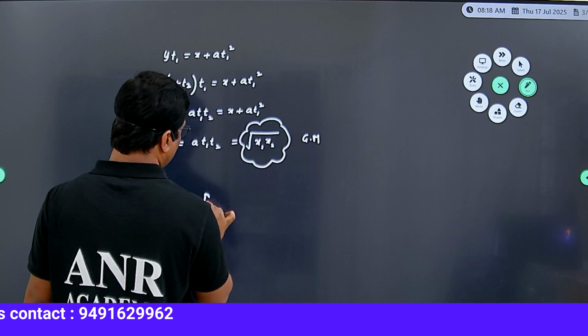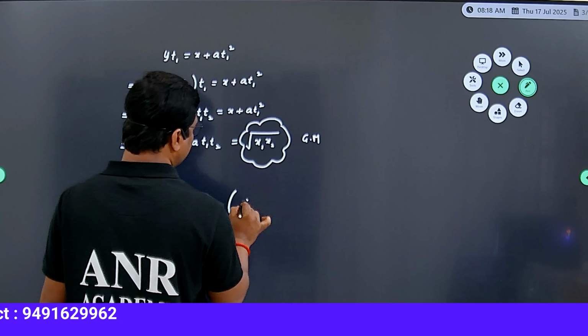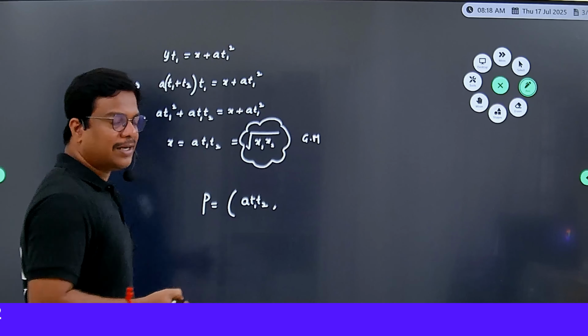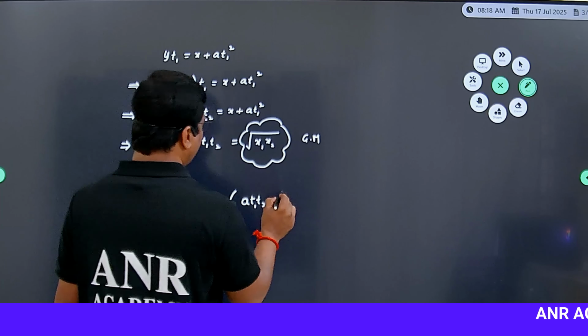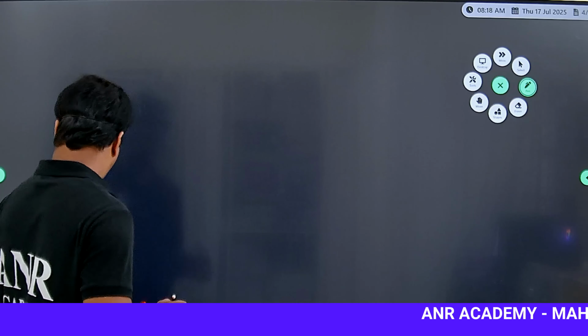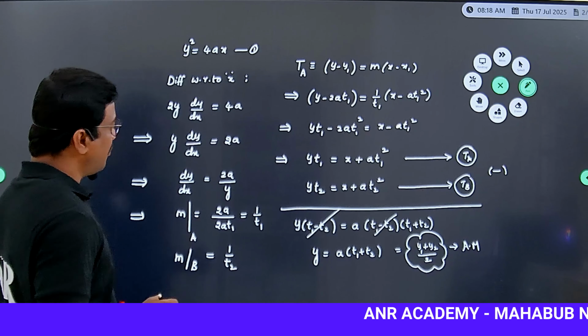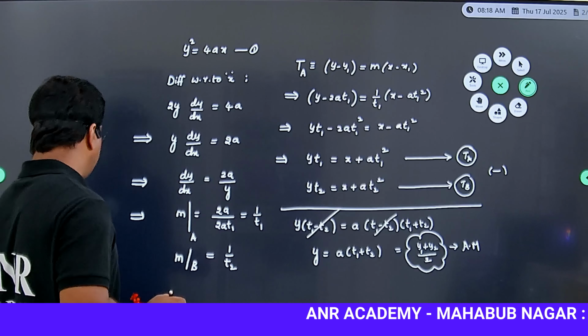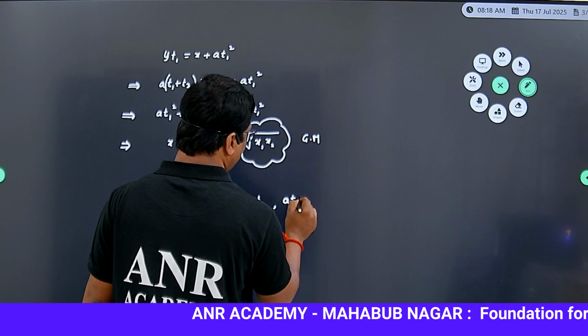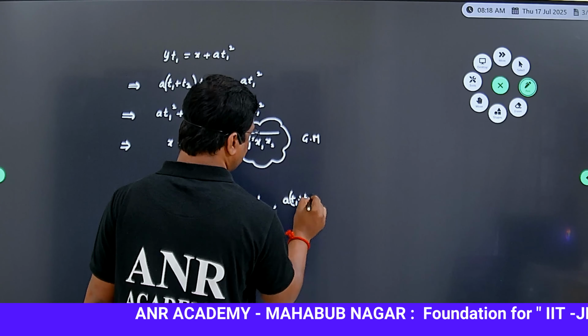Therefore, the point of intersection P is written as first term a t1 t2. This is x coordinate. Next, y coordinate, you have a of t1 plus t2.